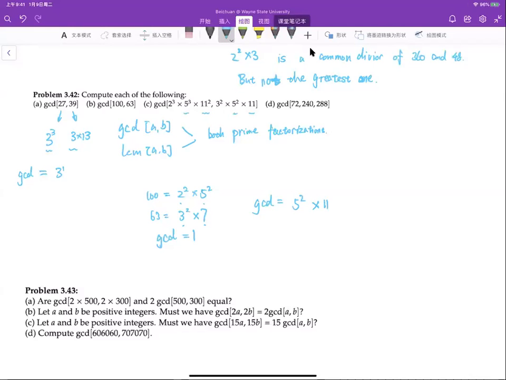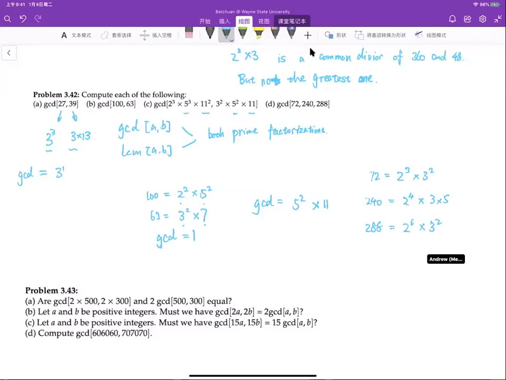If there are 3 numbers, it's nothing different. 72 equals 2 cubed times 3 squared. Then 240 equals 2 to the 4th times 3 times 5. Then 288, I think that should be 64 times 9, so that's 2 to the 6 times 3 squared.